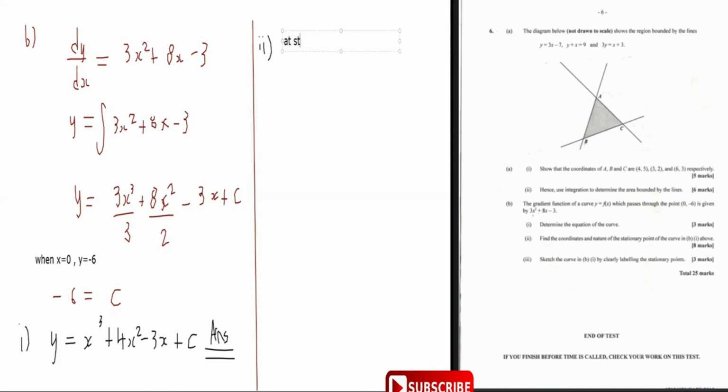At stationary points, dy by dx is equal to 0. And so all we need to do is set 3x squared plus 8x minus 3 equal to 0.